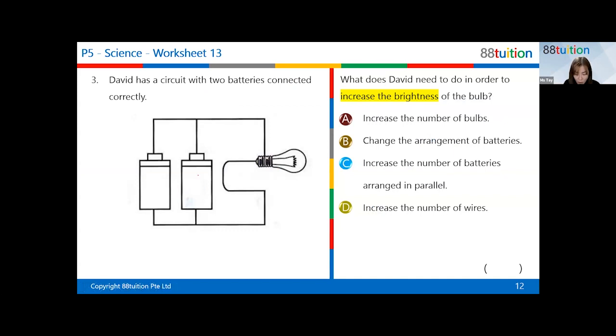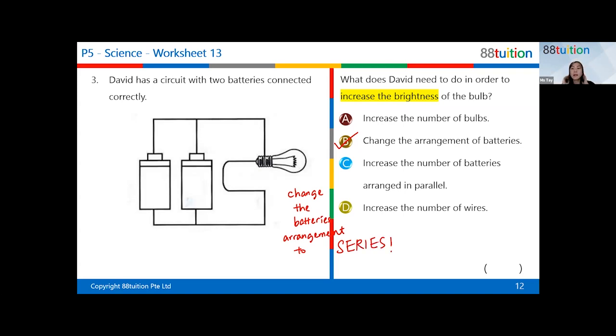David must change this. Okay, I can write it as change the arrangement. But if I want to be very specific, I will change it to: change the batteries' arrangement to series.